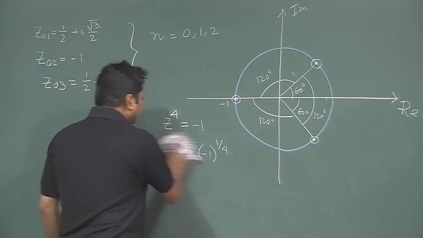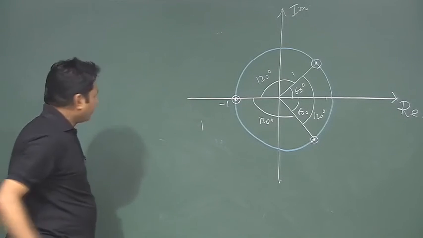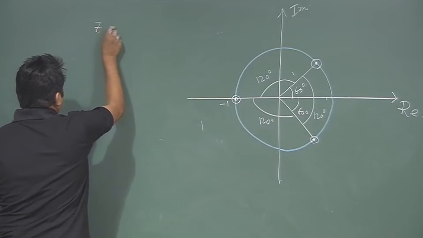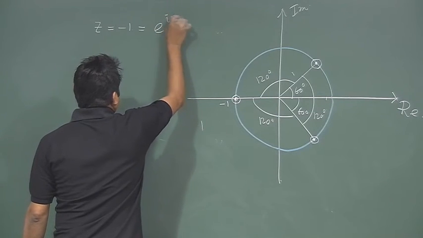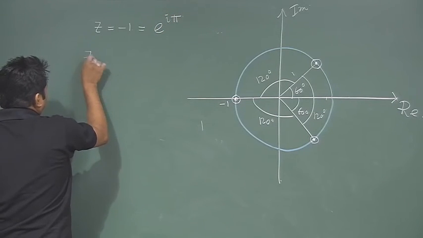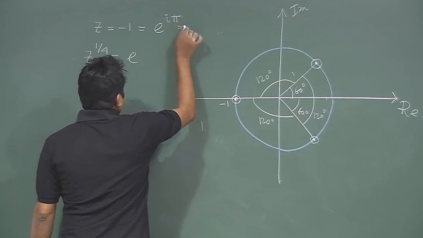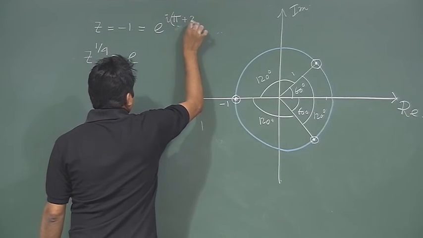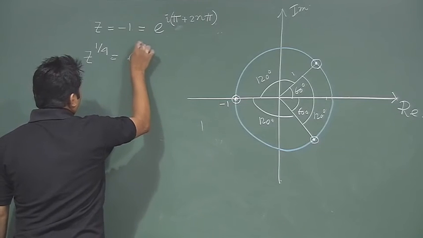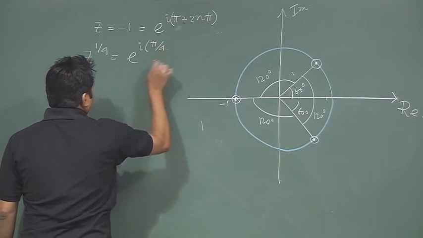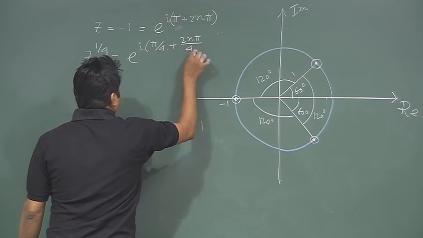So if I quickly try to find out, z to the power 4 is equal to minus 1, which is equal to e to the power i pi, just to show how to calculate these things. So I need to find 1 by 4, so e to the power of this, I should write again with 2n pi, I shouldn't forget these things. So e to the power i pi by 4 plus 2n pi by 4.